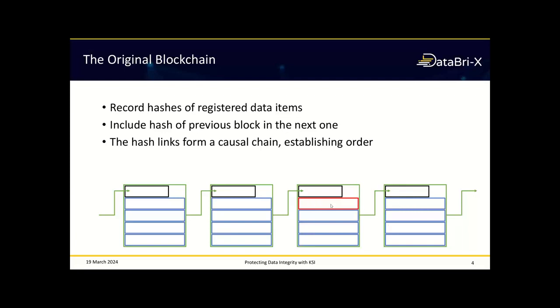And then for any hash value included in any of those blocks, it is possible to verify which block it is included in, and because of the hash links, the order of the blocks is protected. So blocks cannot be changed after their hashes have been included in the following blocks without breaking the hash link, and they also cannot be reordered.